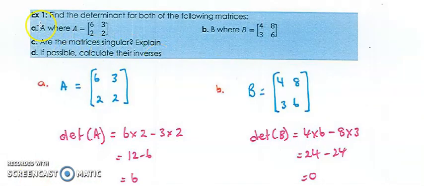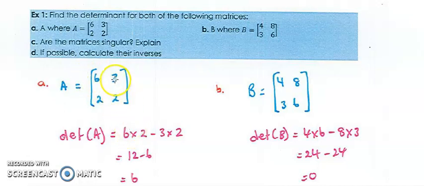So, example 1. Find the determinant for both of the following matrices. We've got matrix A and matrix B. For matrix A, to get the determinant, get position A and D, so 6 and 2, multiply.